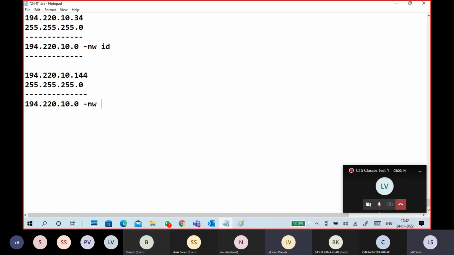Same. Both have the same network ID, so this PC and this PC can communicate with each other because they have the same network ID.